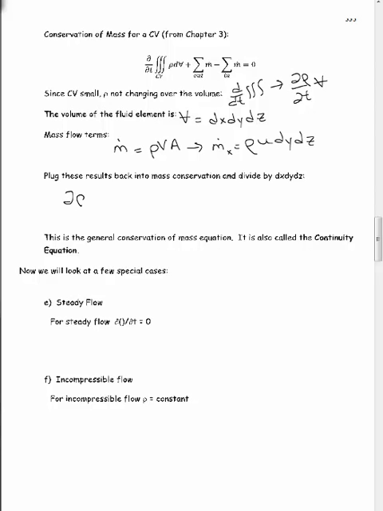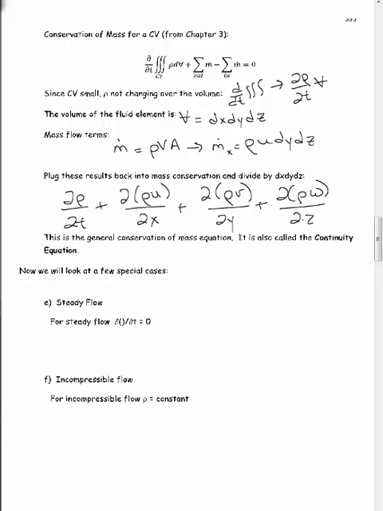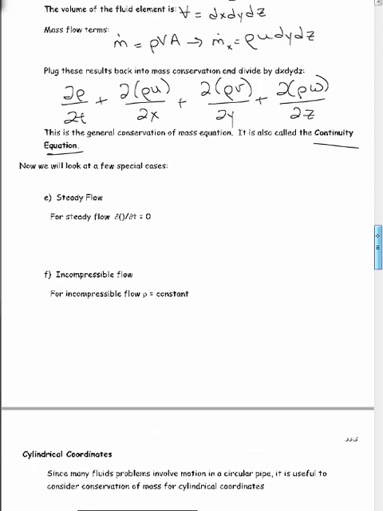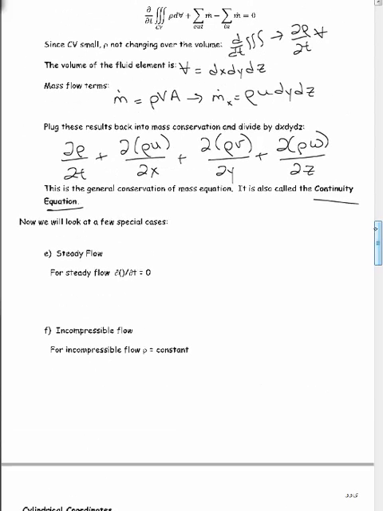What you end up with is partial rho partial t plus partial of rho u with respect to x, plus the partial of rho v with respect to y, plus the partial of rho w with respect to z. Okay, that is your general continuity equation or conservation of mass, with some of the steps in between missing, but that's okay. Just remember what I said before about the linear change in such a small distance.